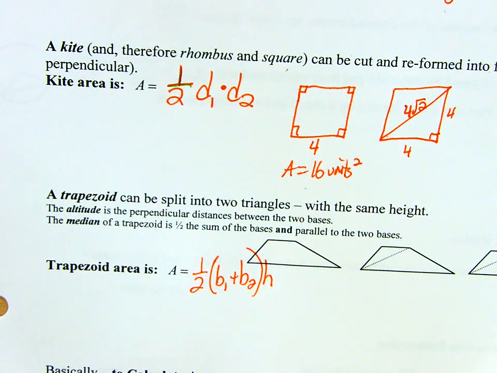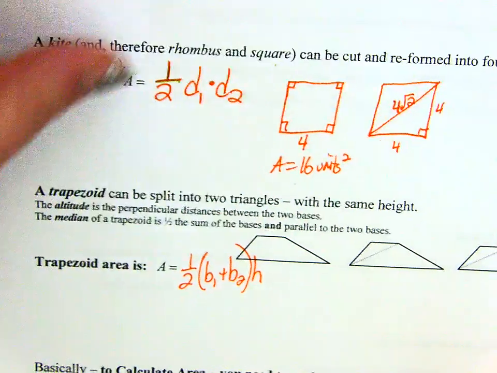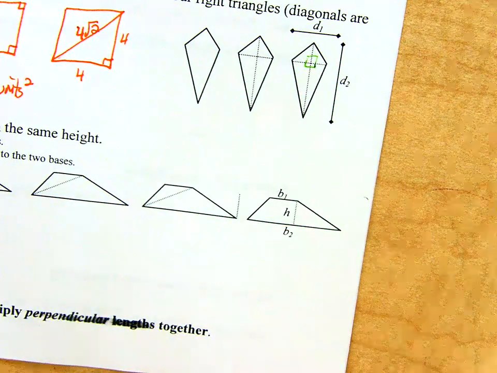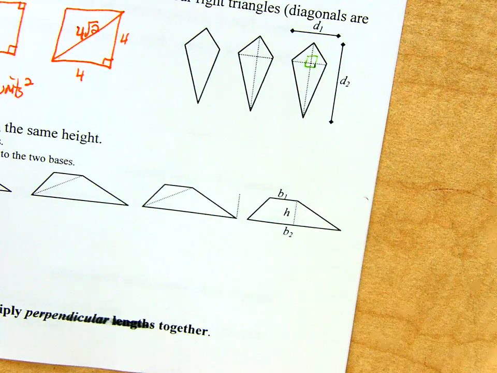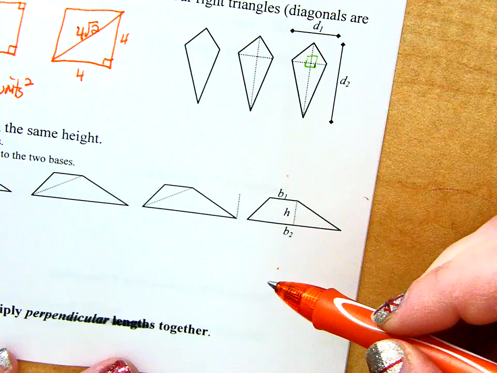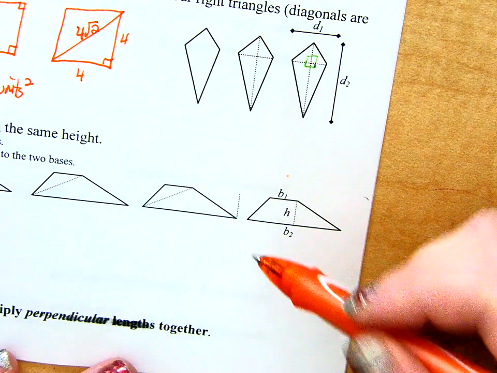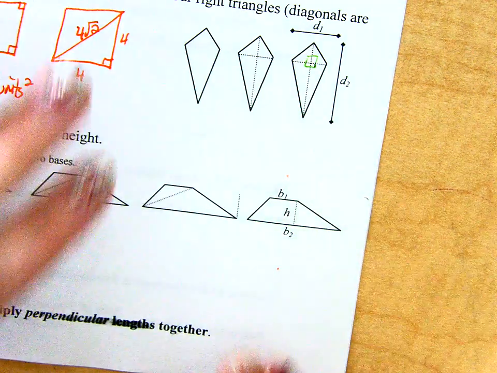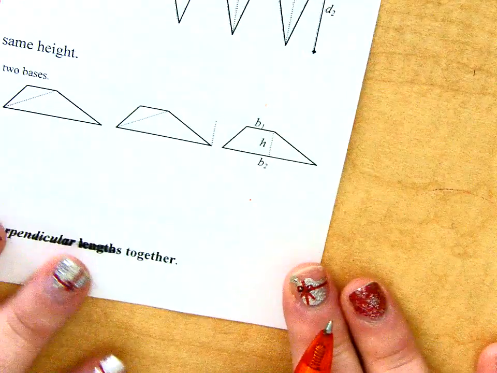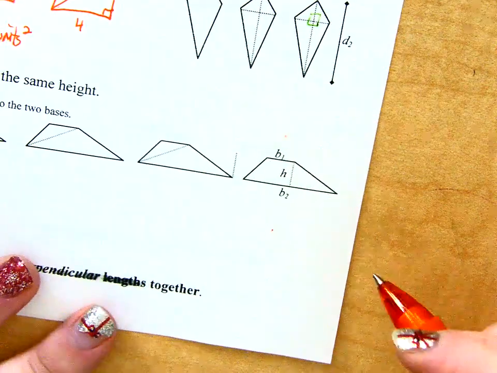Okay, now let's be clear on trapezoids. We have a nice picture over here. Bases and height still have to be perpendicular. So your bases are always going to be the two sides that are parallel. Always. It's not top and bottom, right? Because I could have the same picture just drawn sideways. So just make sure it's the pair of sides that are parallel are your bases.